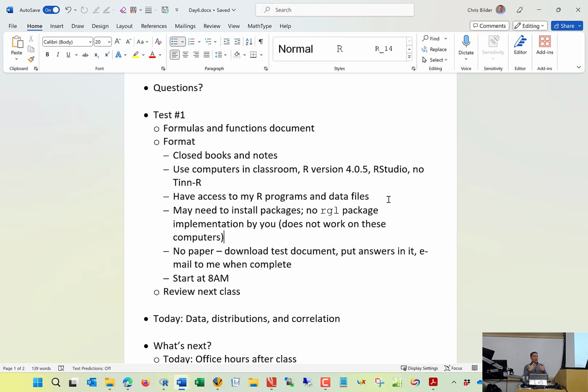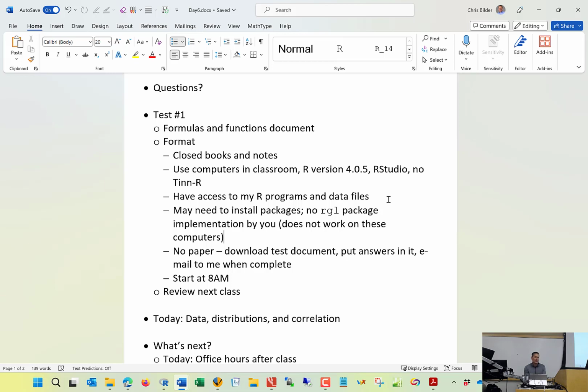By showing me the work that went into the numerical calculation, I can give you partial credit on the test. So you always need to show your work. That can be done by showing what formula you're using, or by showing me all your R code and output. Okay, any questions about that?